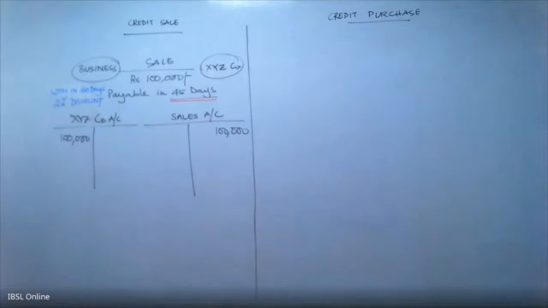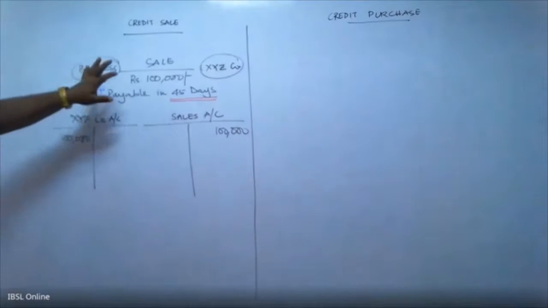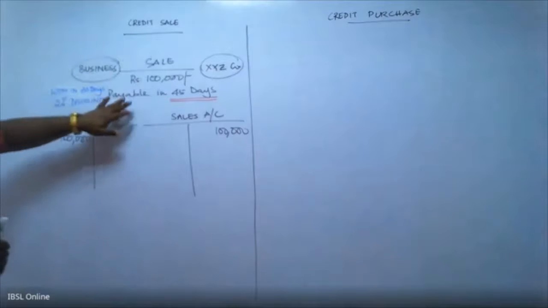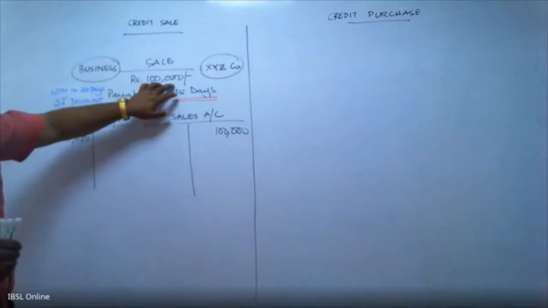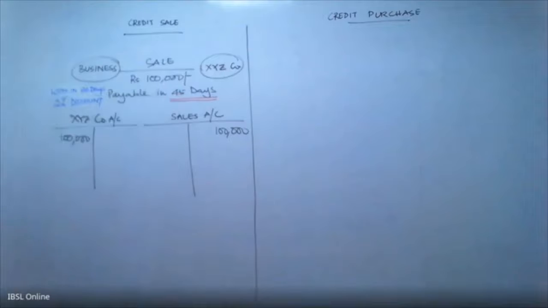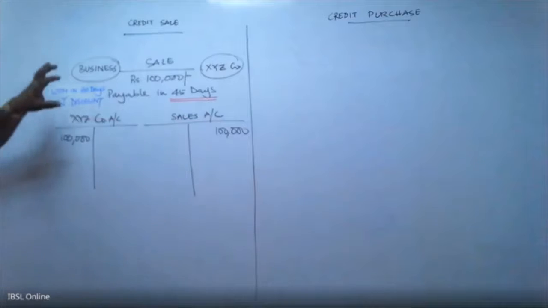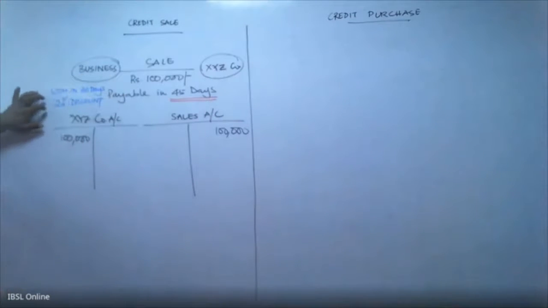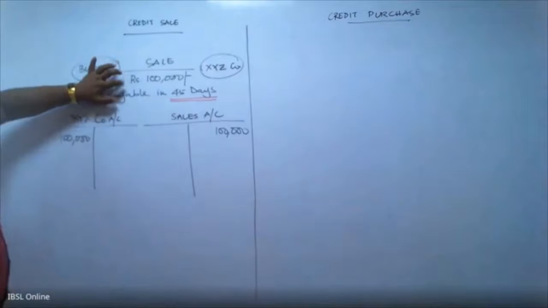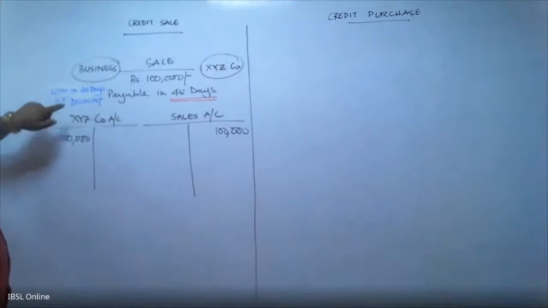You are saying the original contract is, yes, you can pay me this 100,000 in 45 days. That is what my credit sale arrangement is. But suppose you pay me within 30 days from the date of the sale, I can think of offering you a 2% discount.